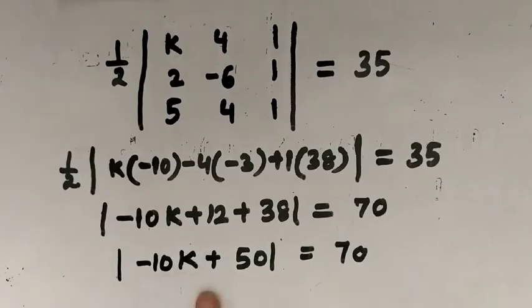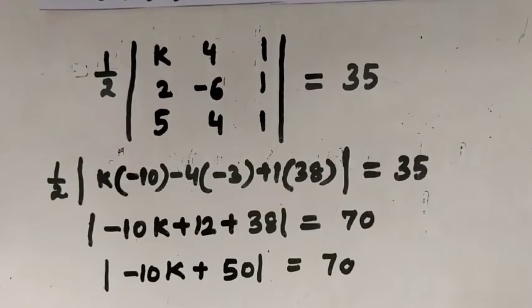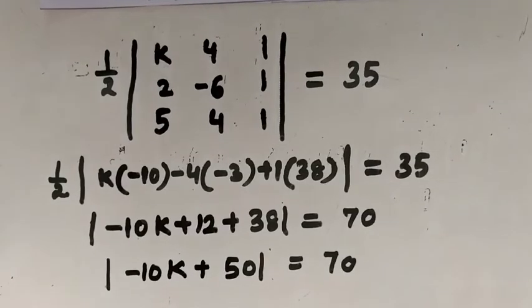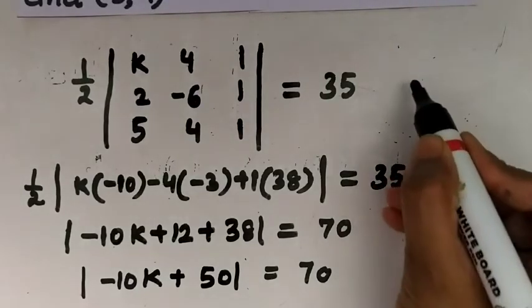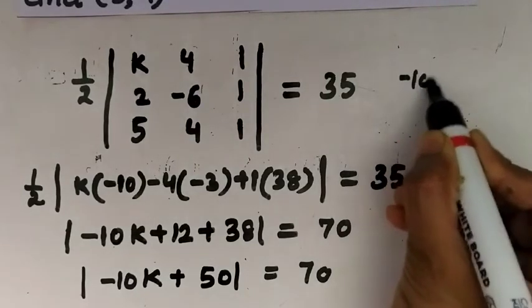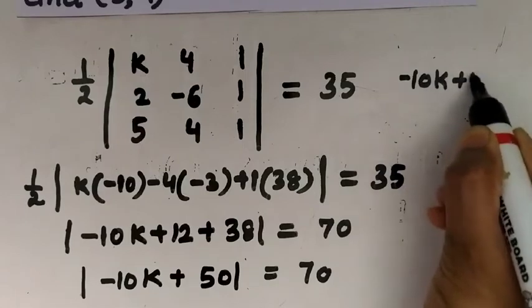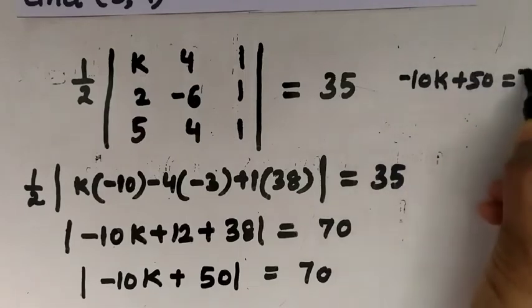It means minus 10k plus 50 may be both 70 or minus 70, because mod of minus 10k plus 50 is equal to 70. So there will be two cases, either minus 10k plus 50 is equal to 70 or minus 10k plus 50 is equal to minus 70. Okay, so I am writing here. So either minus 10k plus 50 is equal to plus 70.